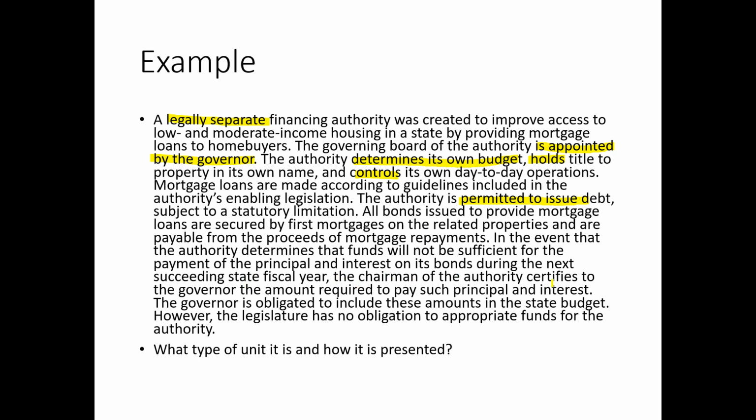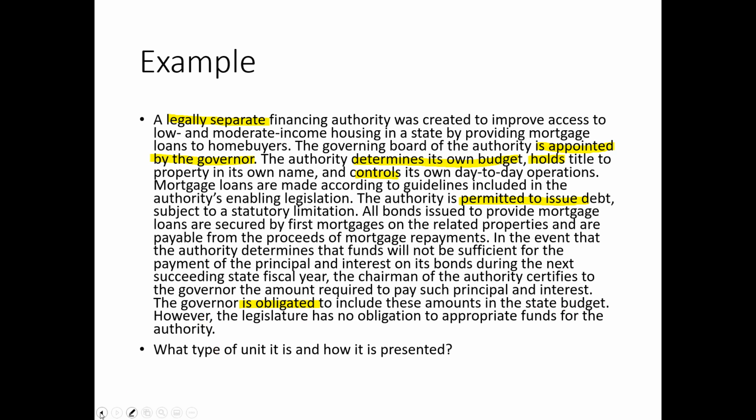The chairman of the authority certifies to the governor the amount required to pay such principal and interest. The governor is obligated to include this amount in the state budget.